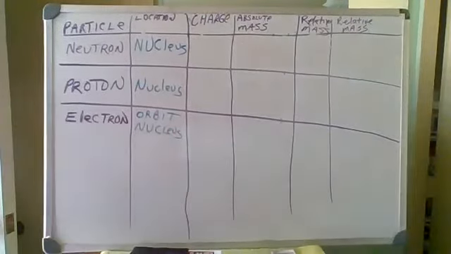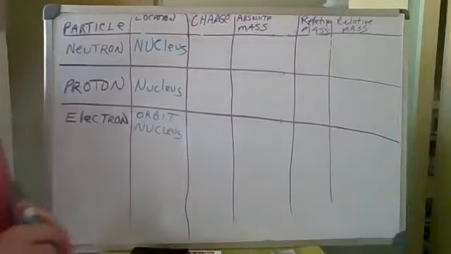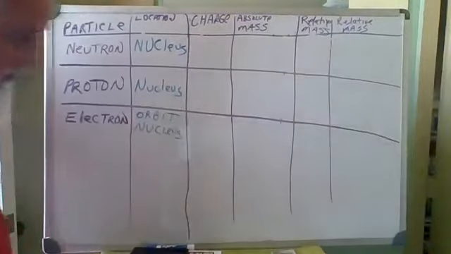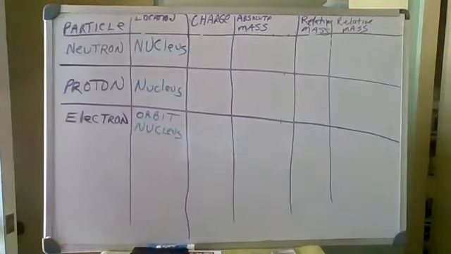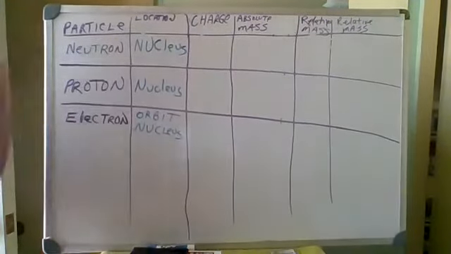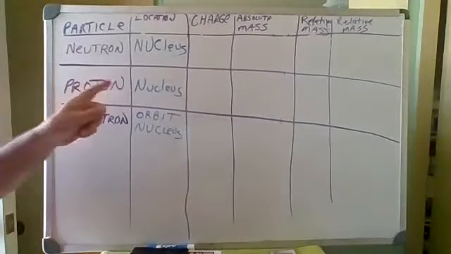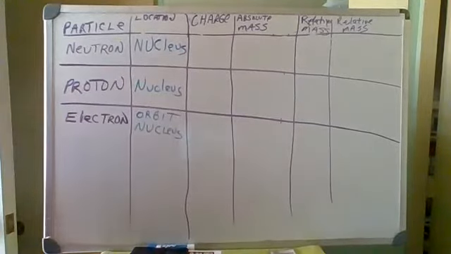Now, because of these COVID circumstances, I don't know if we're going to have time later in the course to talk about the Rutherford scattering experiment, but I just want to emphasize to you how small the nucleus is compared to an atom.